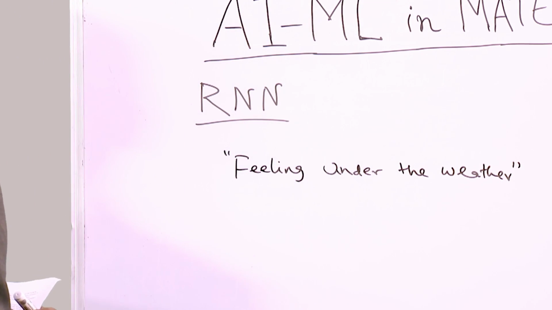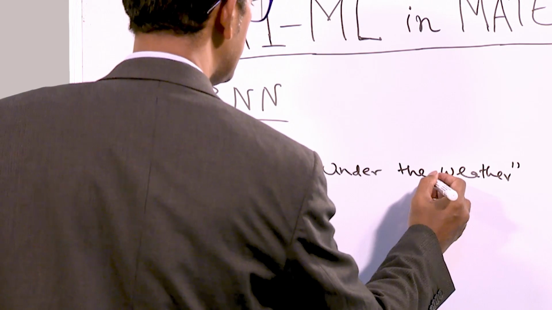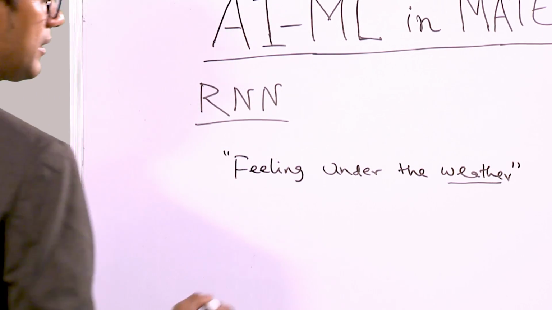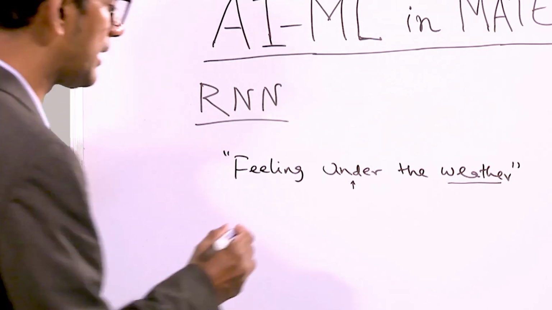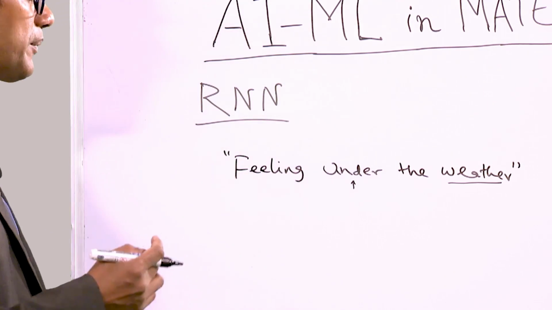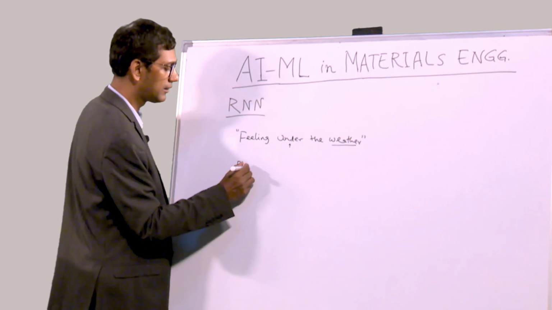What I mean to say is that the RNN must know there is a word called weather in the latter part of the sentence, so it has to put "under". If I type to my friend that I am not feeling well, and instead write "feeling under the weather", I simply write "feeling".